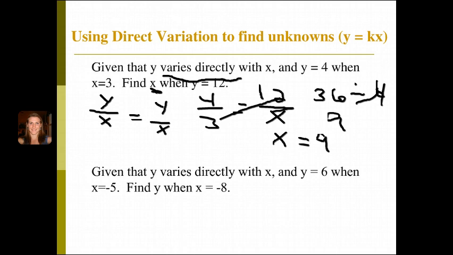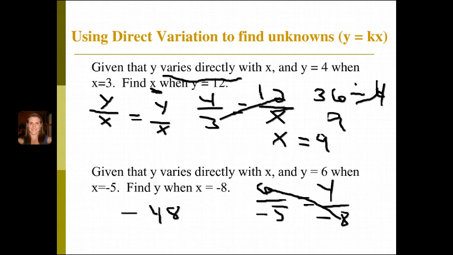My second one, I'm going to do the same thing with the y over x. So I'm going to do 6 over negative 5 equals y over negative 8, since I don't know what y is this time and x is negative 8. I'm going to multiply the two numbers together, which is 6 and negative 8, to give me negative 48, and I divide by the number across from the variable, which is negative 5.